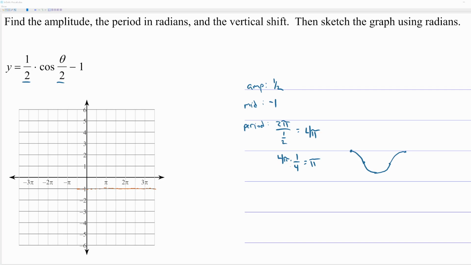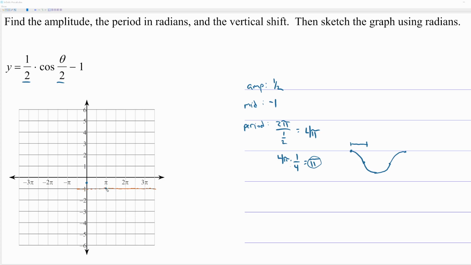So I'm going to go ahead and now draw the graph. So the cosine function starts on a maximum. So here's the midline, and the amplitude is a half, so I'm going to go up a half. Now the distance between the first two interesting features, so from the maximum to where we intersect the midline, remember that's 1/4 of the period, which in this case is pi.